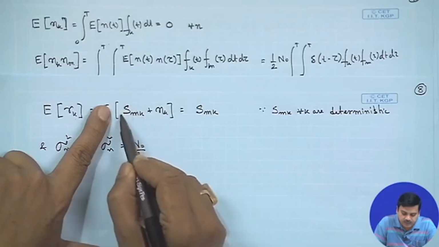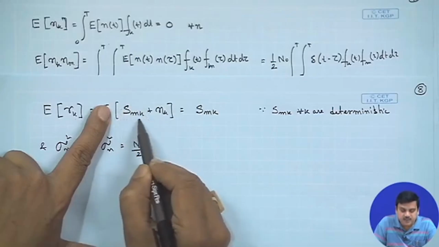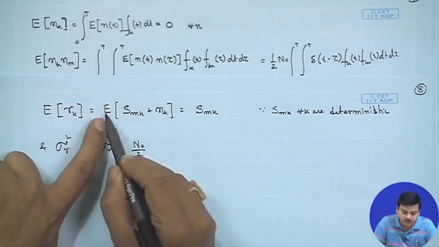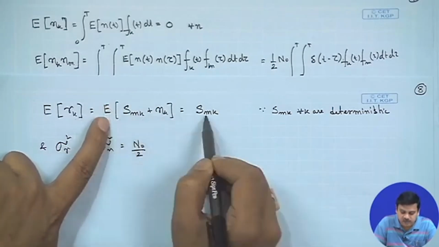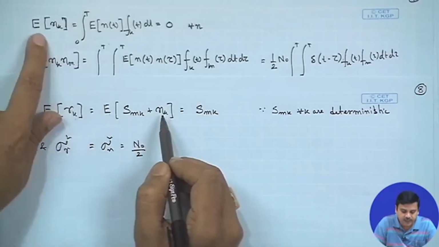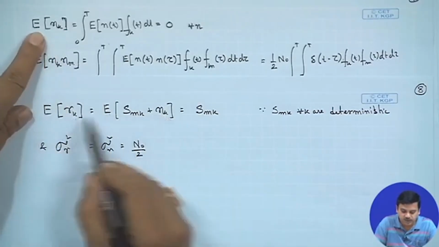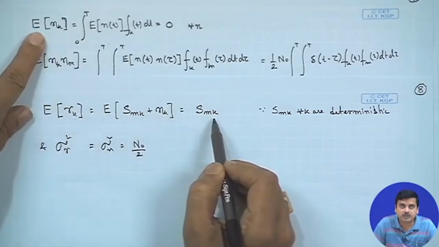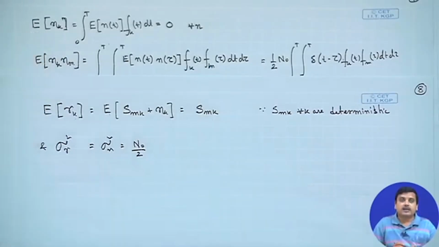This is a deterministic value, a fixed coefficient, so the expectation operator gives the value itself, and E of n k, as you have seen, is 0. Therefore, E of R k is S m k. What does it mean? It means that the expected value of the kth component of the received signal is the kth component of the transmitted signal.